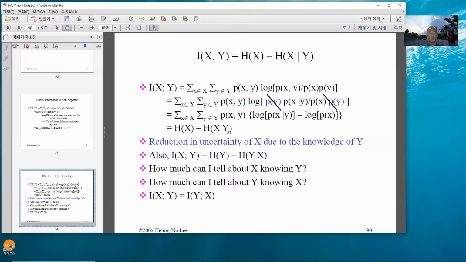This is based on conditioning on Y right here. So we can cancel the Py.